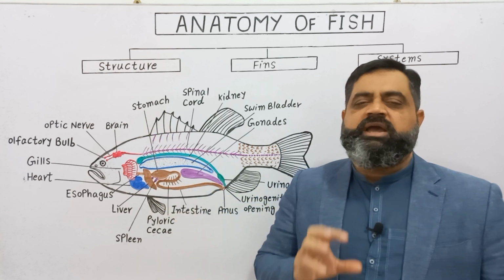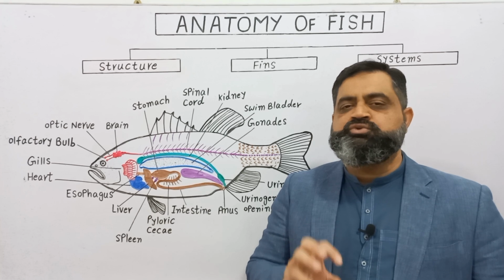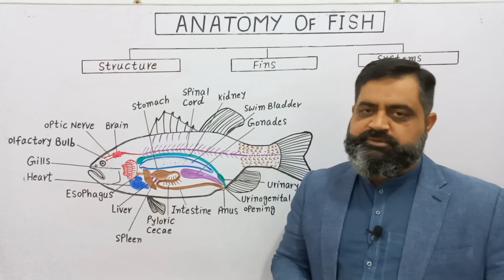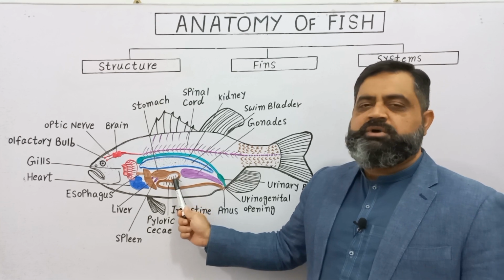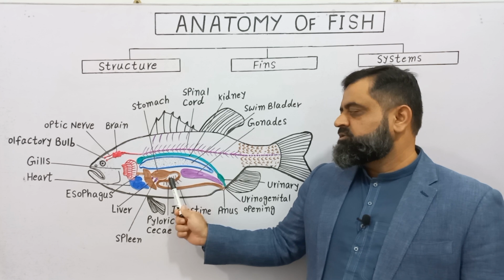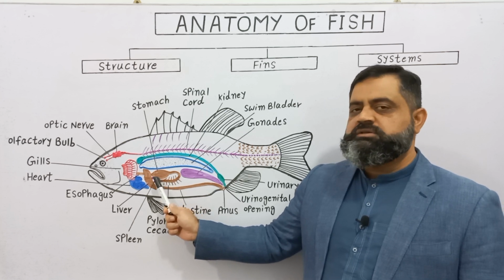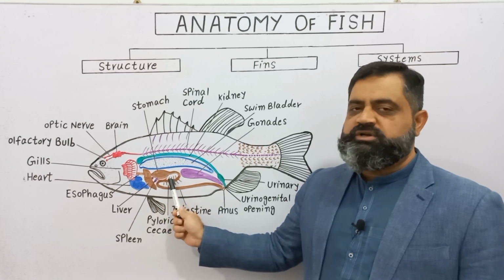The stomach helps to digest the protein part and is also used to store food for some time. The stomach leads into the duodenum, which is a part of the small intestine, and secretions of the pancreas and liver with the help of the gallbladder open into the small intestine.